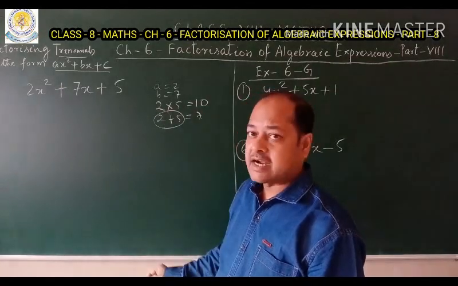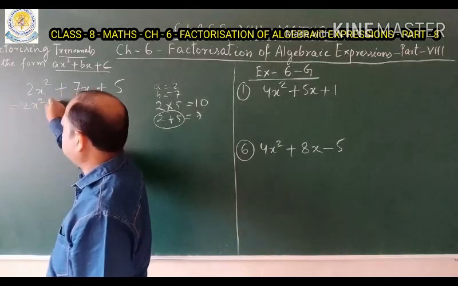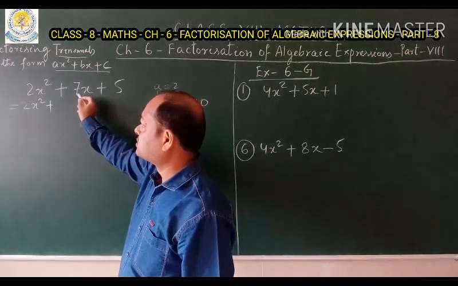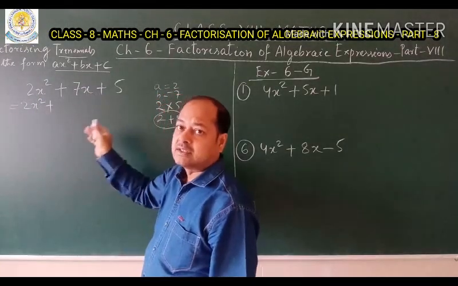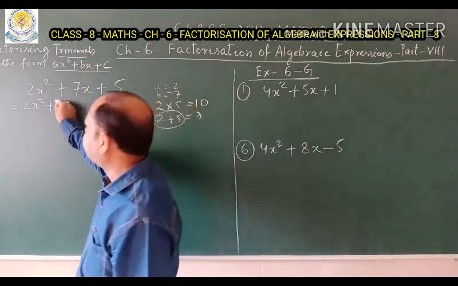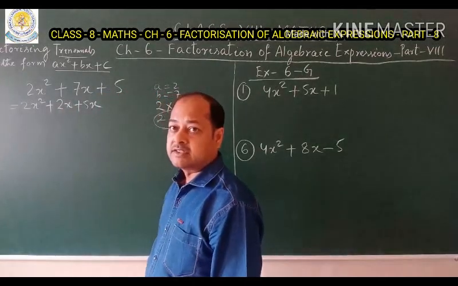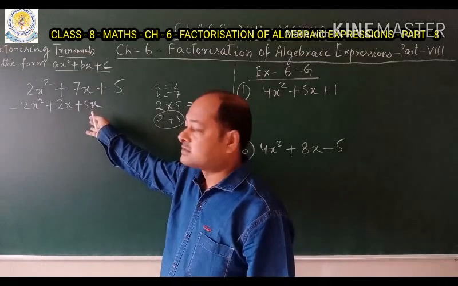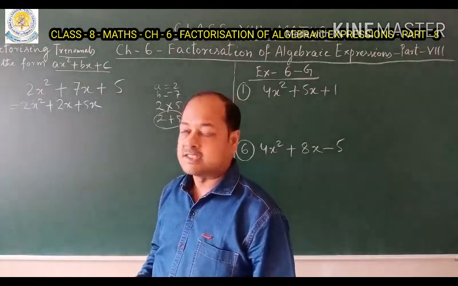Okay, so let's start. Equal to 2x square, write the first term, plus write the two terms. You have to split or break up the middle term. So 7x can be broken like this, that is 2x plus 5x, the value does not change.